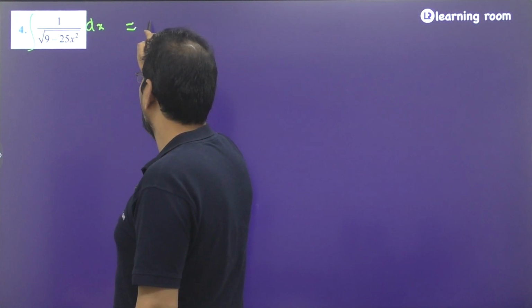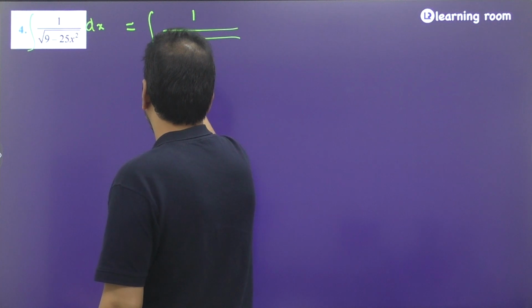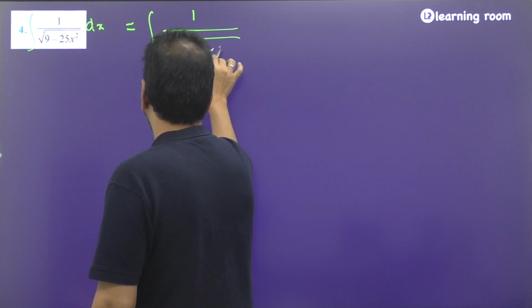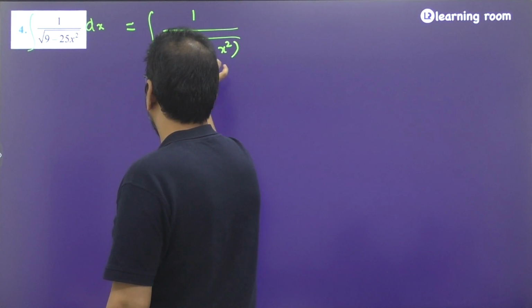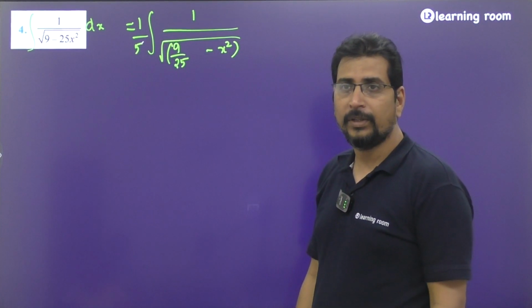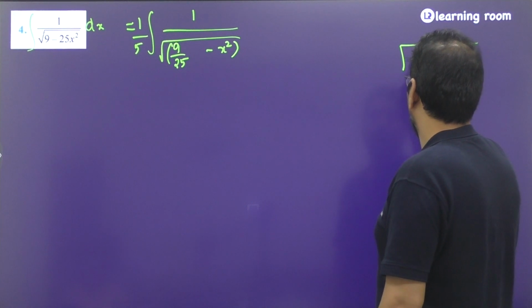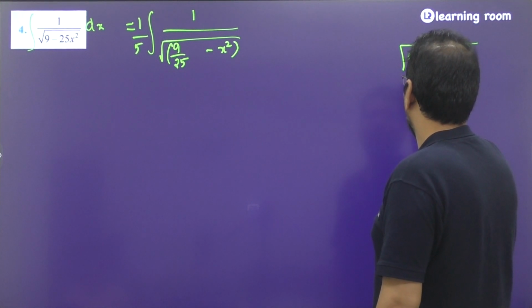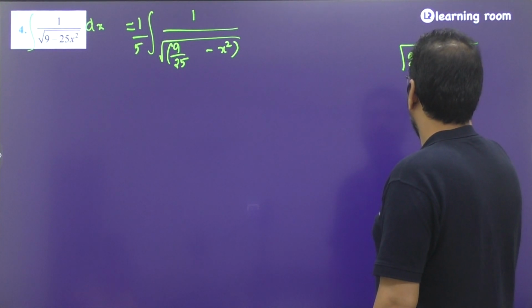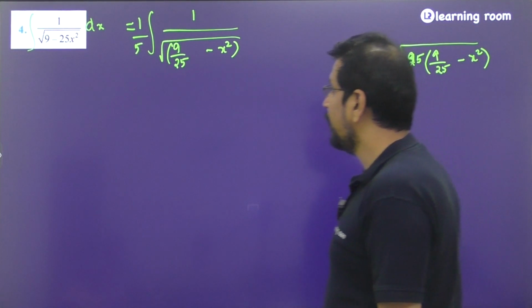So I get the integral of 1 divided by square root of 25 into 9 by 25 minus x square. I'll do a rough work and show it. Am I right?